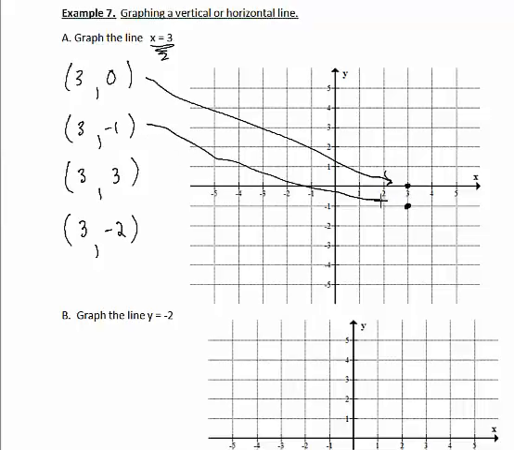And so these points are falling on top of each other. 3, 3, we start at the origin and we go over 1, 2, 3 for the x coordinate, and then up 3 for the y coordinate. And at this point you should see that they're falling in a straight line that is vertical. So draw your line through your points. You only really need 2 points. Draw your line through them and put arrows on the end.